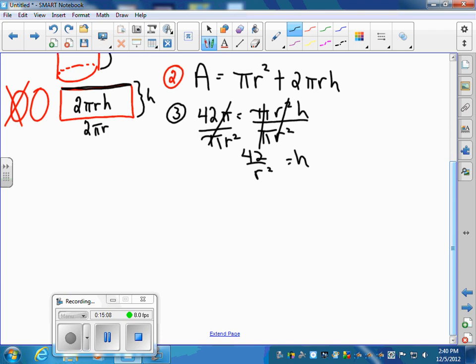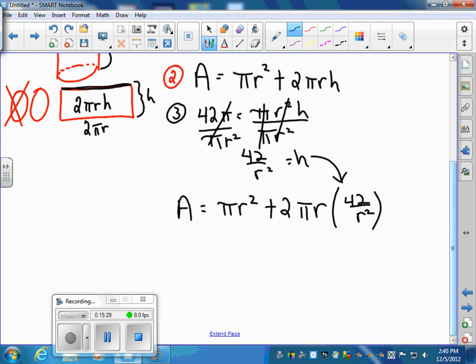Step 4. Oh, wait a minute. First we have to substitute that in. So that would make my area be pi r squared plus 2 pi r times h, but we're going to put in h to be 42 over r squared. Now, step number 4, we want to simplify.